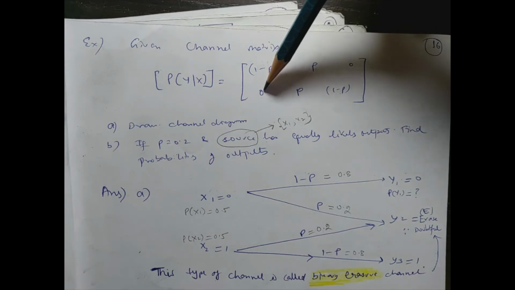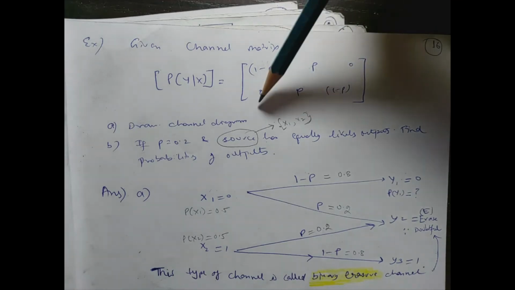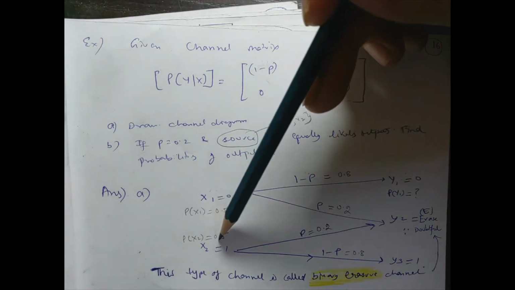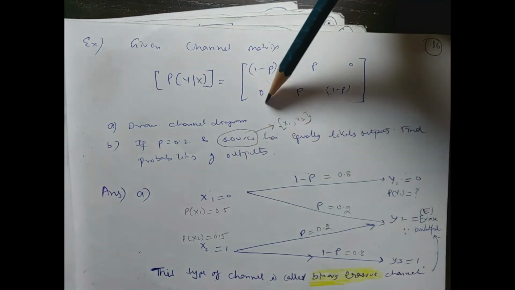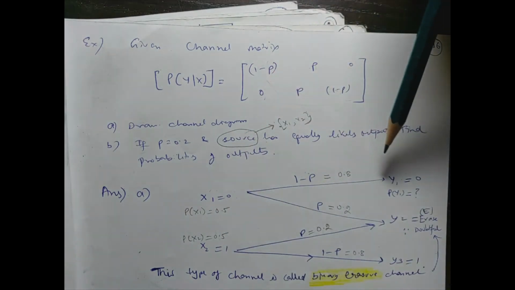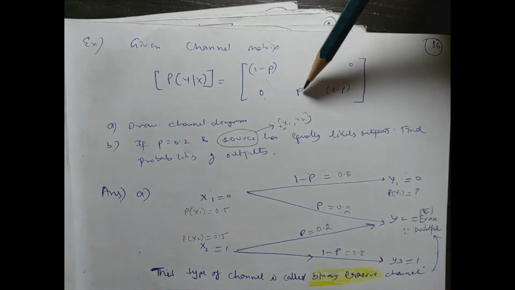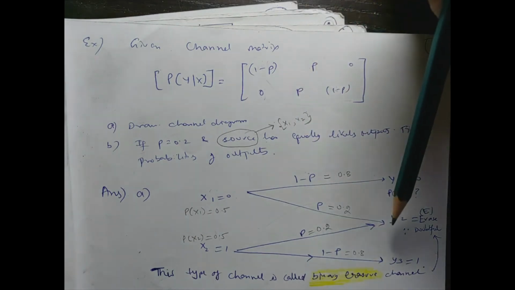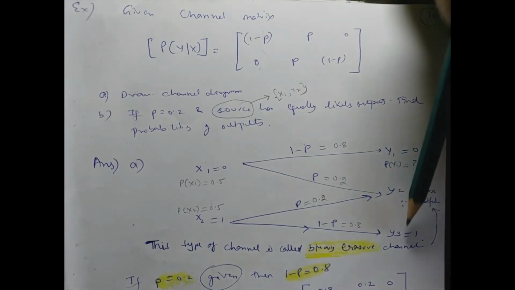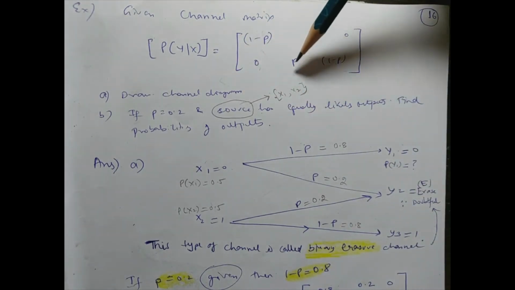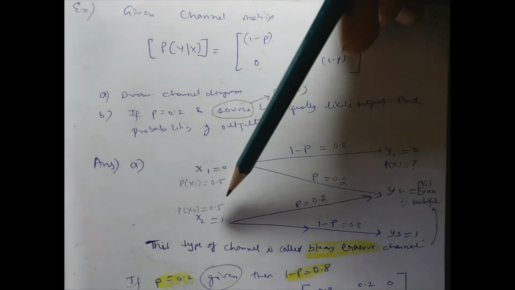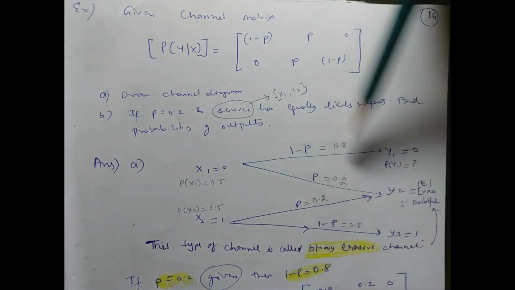So the probability of y1, y2, y3 due to x2. So x2 can make y1 no 0, so no arrow will go here towards y1. X2 and y2 and y3, y2 and y3 are generated. So the probability of x2 making y2 is p.